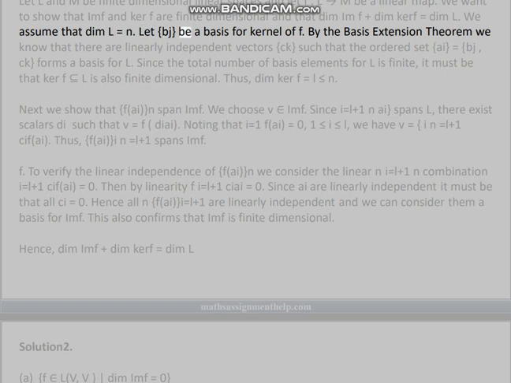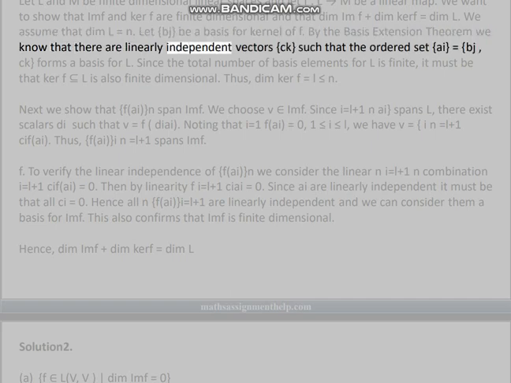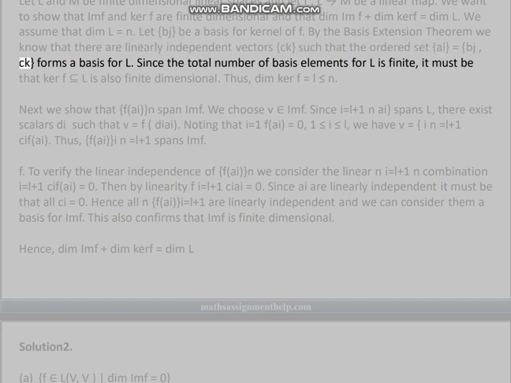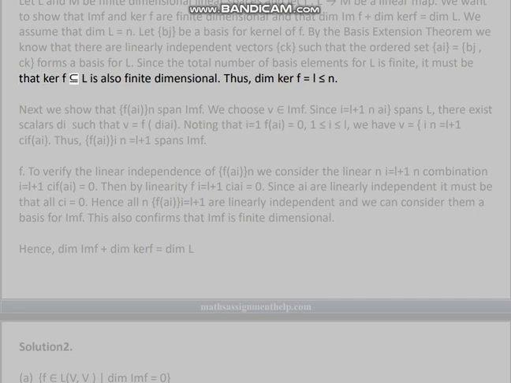Let b_j be a basis for the kernel of F. By the basis extension theorem, we know that there are linearly independent vectors c_k such that the ordered set a_i = (b_j, c_k) forms a basis for L. Since the total number of basis elements for L is finite, Ker F, a subset of L, is also finite-dimensional. Thus, dim Ker F = l ≤ n.